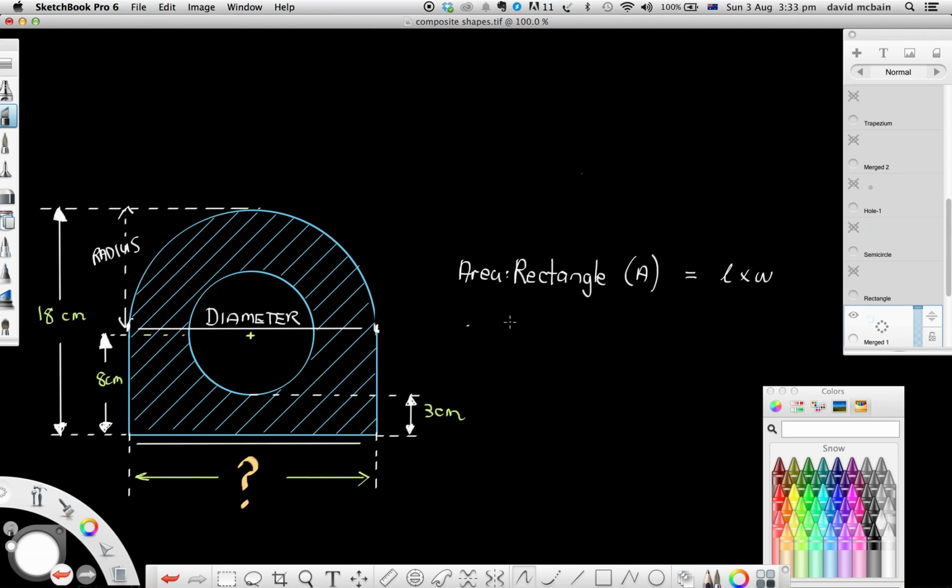And of course we also know that the diameter is twice the size of the radius. So let's just write that down, that's important. The diameter is always equal to twice the radius.